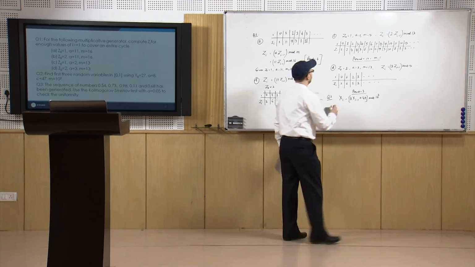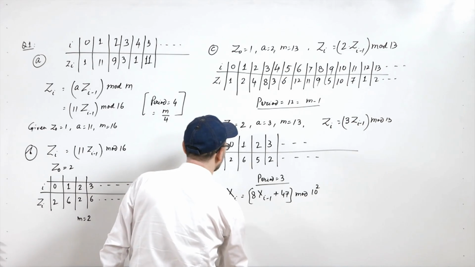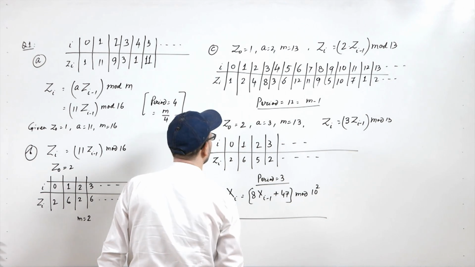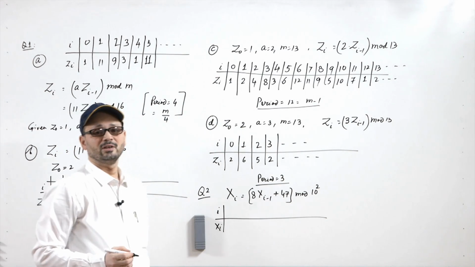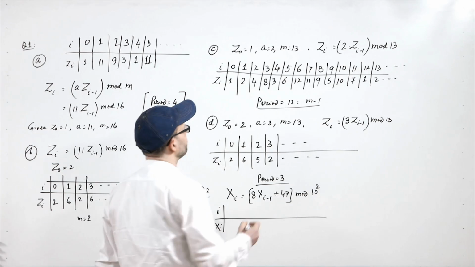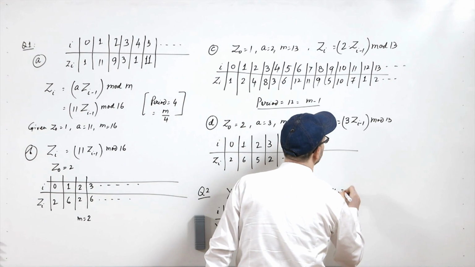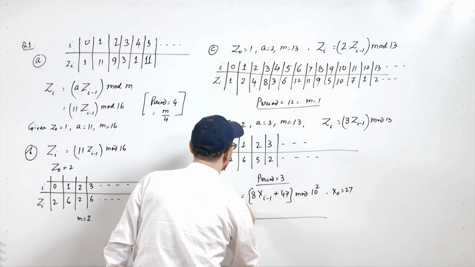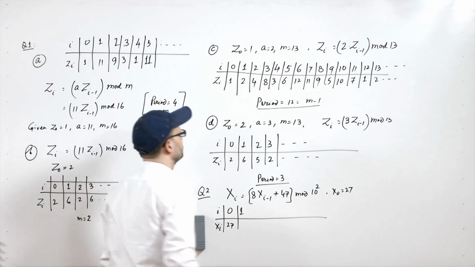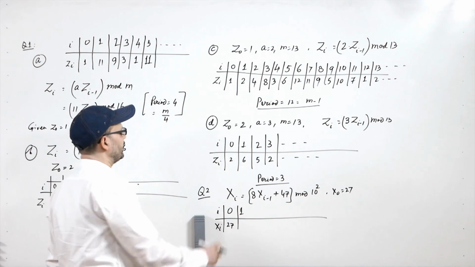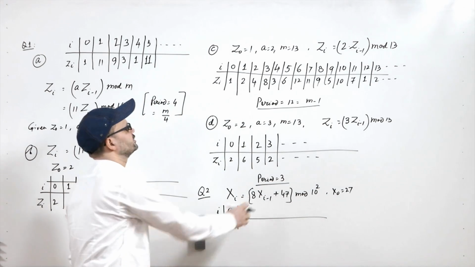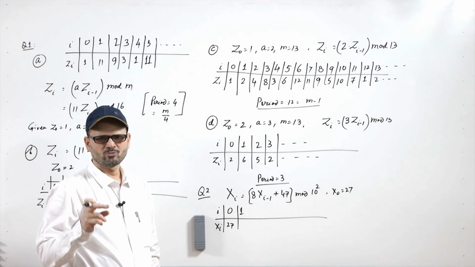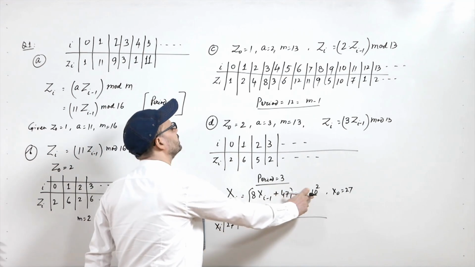So again here also we can generate the numbers I and xi, and x naught or x0 is given as 27. So when I is 0 it is 27. When I will be 1, in that case 8 into 27, 216 plus 47, so that is 263. 263 mod 100.